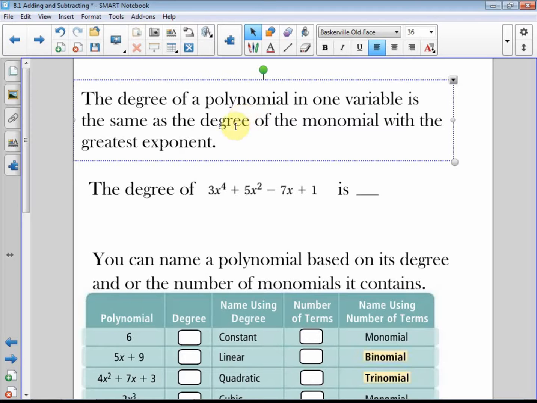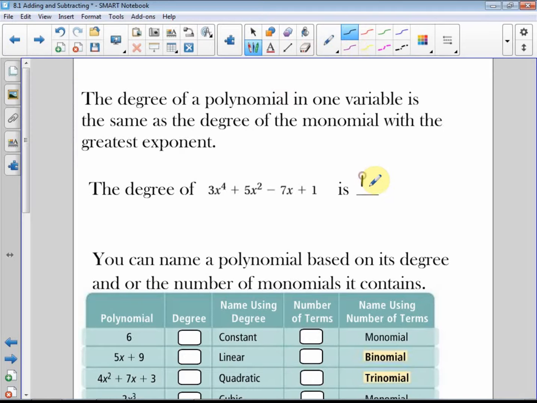In a polynomial, the degree of the entire polynomial depends on the degree of the highest exponent value. So the degree of the polynomial 3x to the fourth plus 5x squared minus 7x plus 1 is just, you guessed it, 4.